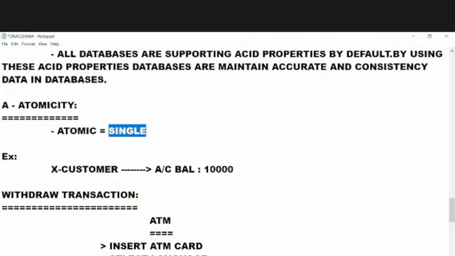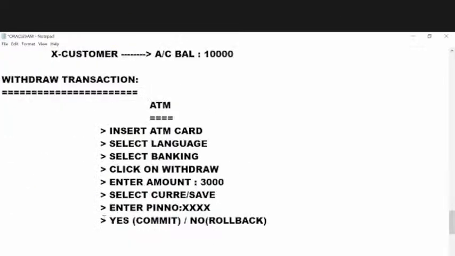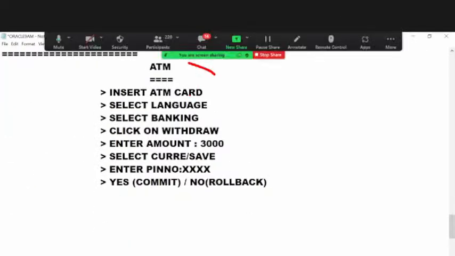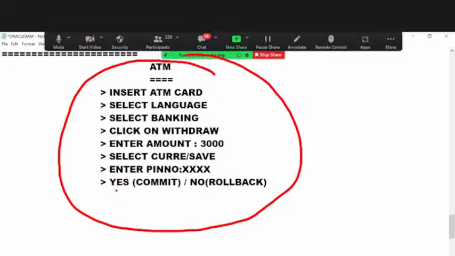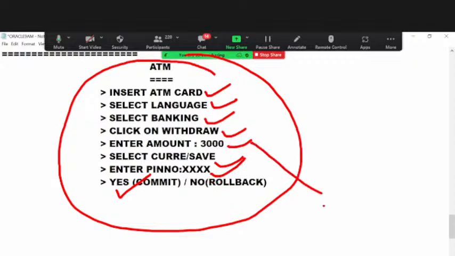So internally, however many steps we followed to fulfill a transaction, all of that will be treated as one transaction. And when you click on yes, all of these are permanently executed, the amount will be released, and it shows that the transaction was successful.